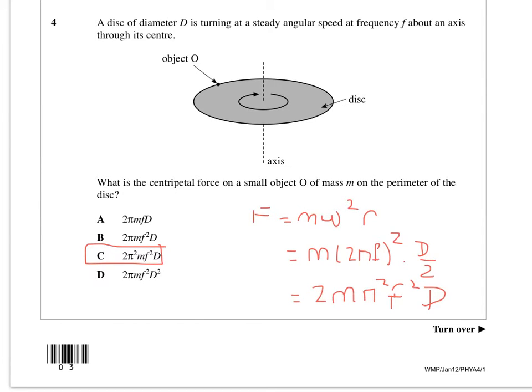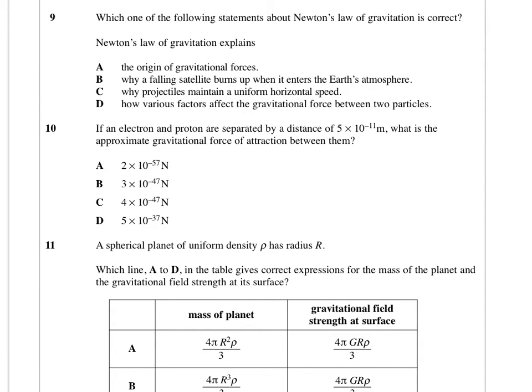Alright, so moving on to the next question. Newton's law of gravitation explains A, the origin of gravitational forces. No, total rubbish. That's not true. Why a satellite burns up. No, it's nothing to do with burning. Why projectiles maintain a uniform horizontal speed. Yeah, that seems sensible.